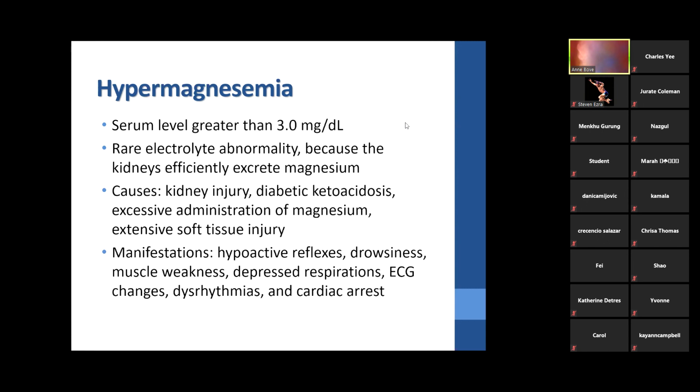So just like you're concerned about administration of potassium in patients in renal failure, you're also concerned about it with regards to magnesium and to some level calcium. What could also cause it is extensive tissue loss, diabetic ketoacidosis because of the electrolyte shifts, and excessive administration of magnesium.